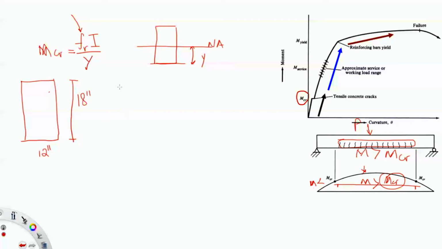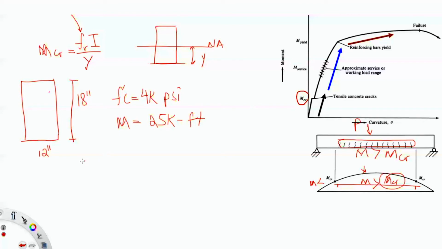The properties of the beam: f'c is 4 ksi, and the moment exerted by the load is 25,000, or 25 kip-foot. Is the beam cracking? In which stage is the beam? Is it before M crack, or has it reached the surface?